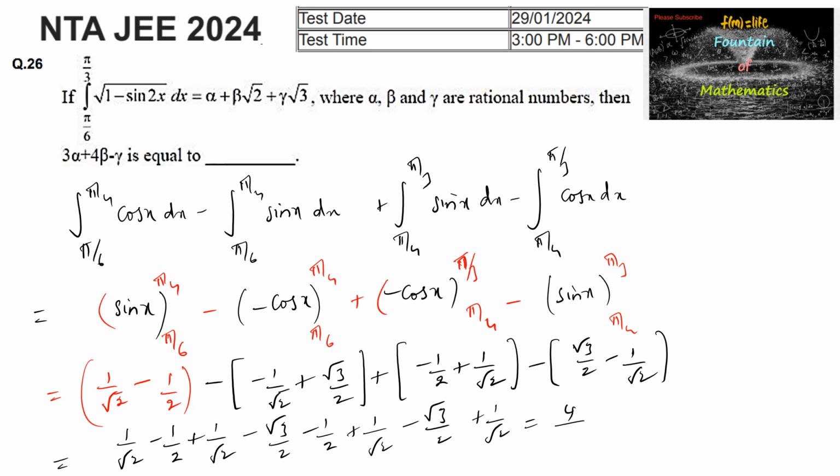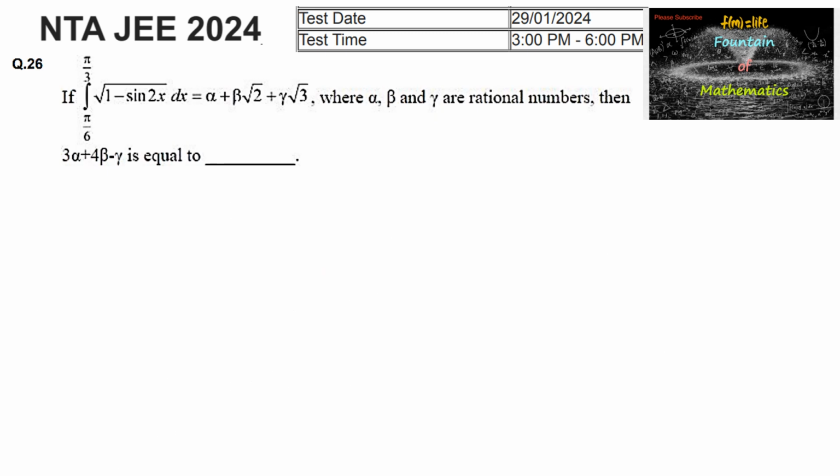So we can write 4 divided by root 2, and minus 1 by 2 minus 1 by 2, so we're getting minus 1, and again minus root 3 by 2 minus root 3 by 2, so we'll be getting minus root 3. Multiplying and dividing 4 upon root 2 with root 2, we get 4 root 2 divided by 2, that is 2 root 2. So 2 root 2 minus 1 minus root 3.